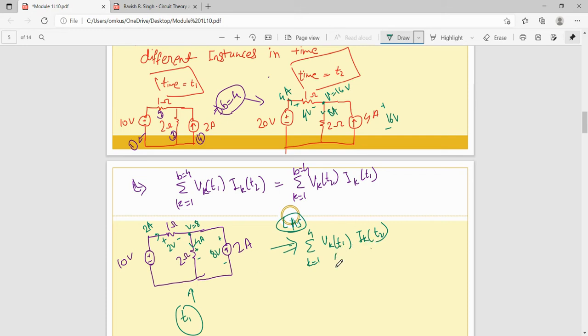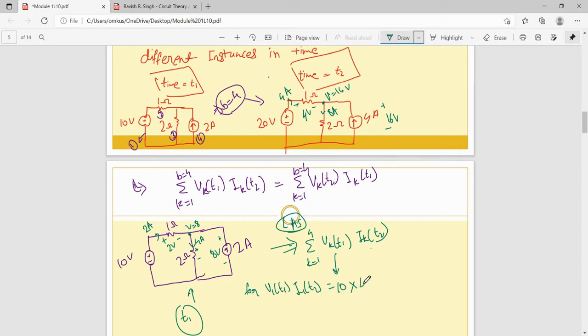Okay, so now see here, the voltage source given for the T1 circuit is 10 volt for V1 of T1, and I1 of T2. The value is 10 volt for this, and the current flowing through this 20 volt source in the T2 circuit is 4 ampere, right?